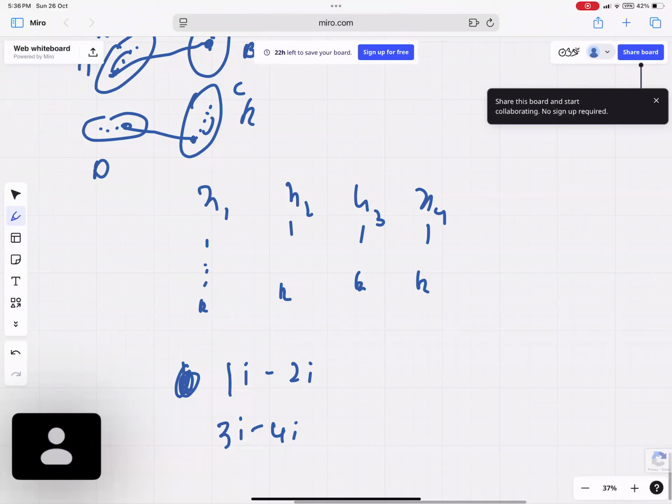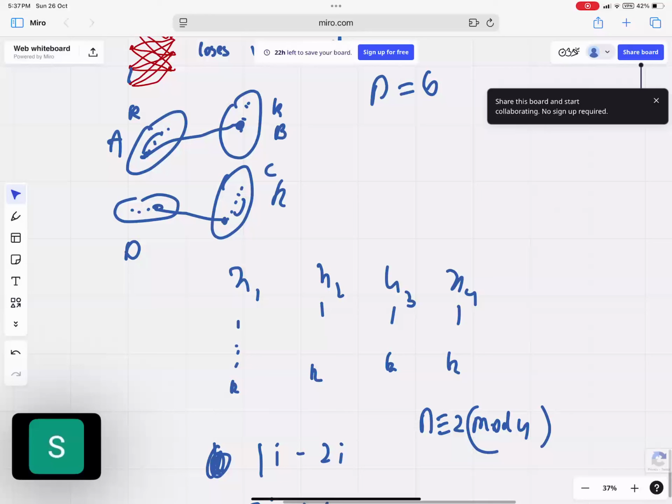Okay, so now what if n is 2 mod 4? Yeah, I am thinking that. Wait, so in this case, what happens if there's an edge from x to i plus x? An edge from A to C. Then similarly B to D, I think.